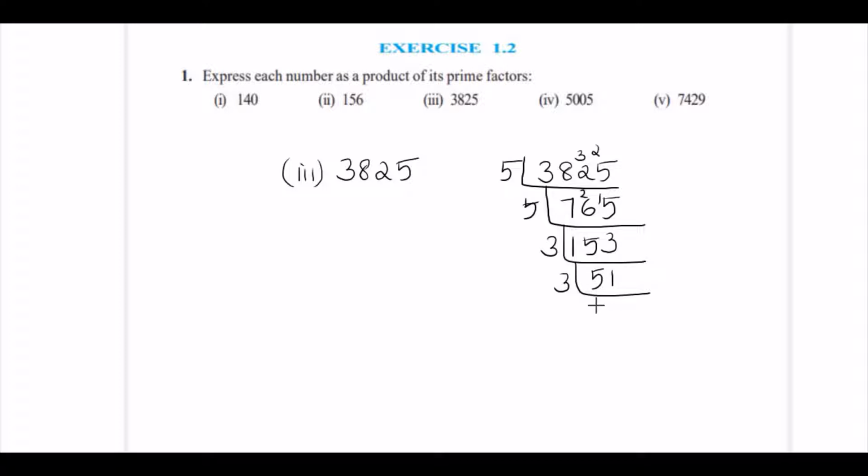Again 3 will go, giving 17. Next is 17. So you can express 3825 as the product of its primes: 5 square into 3 square into 17.